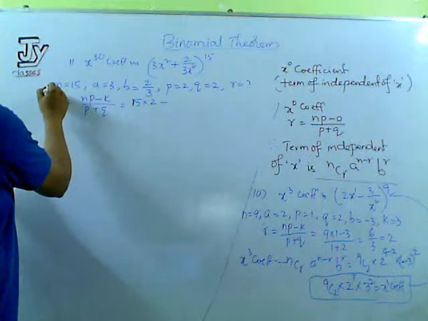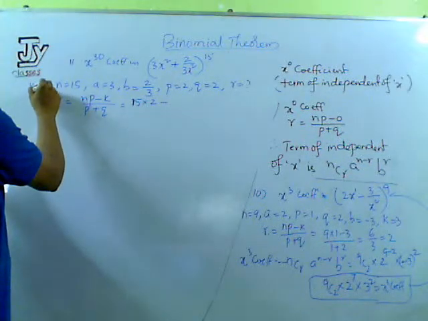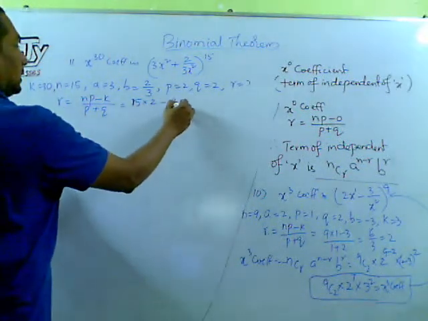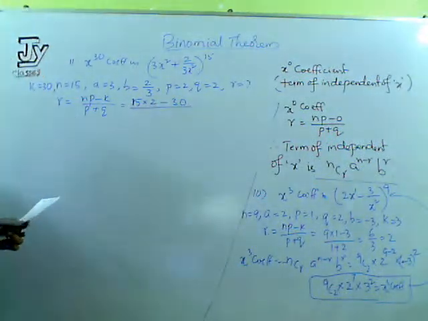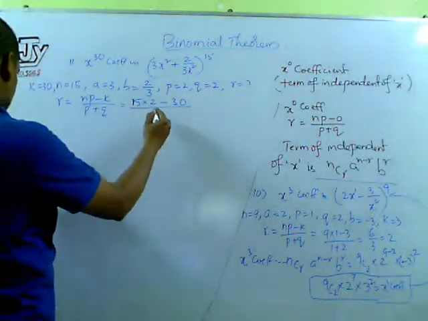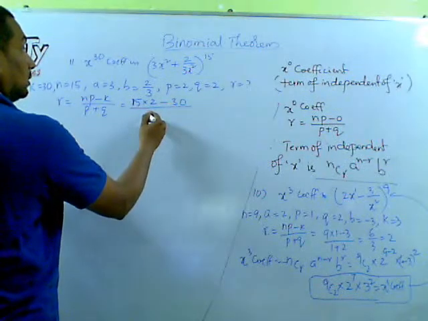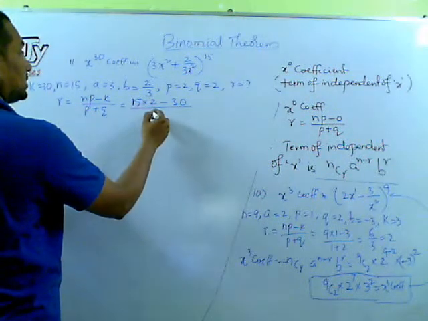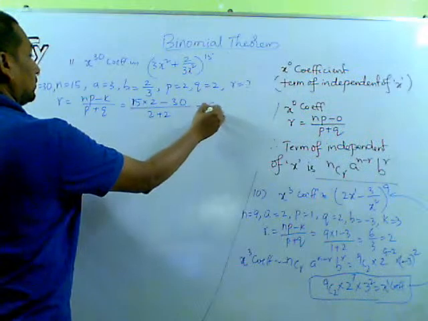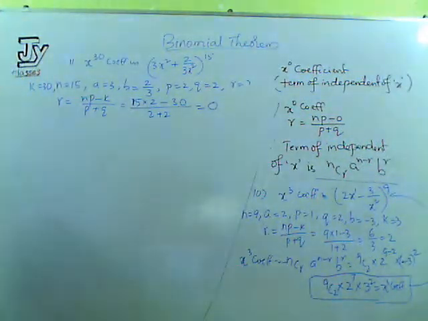Which coefficient we have to find? k is equal to 30, by p plus q, 2 plus 2, is equal to 0. What is our r value? 0.